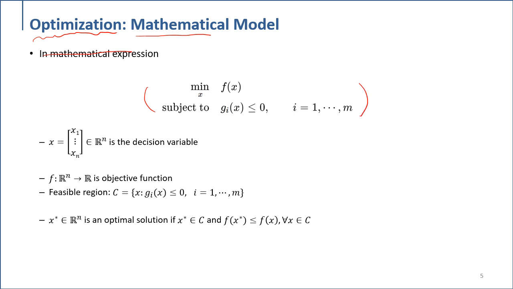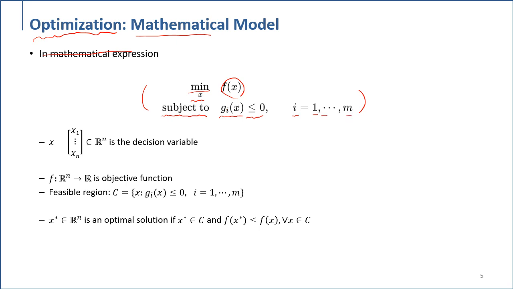I guess many of you have already encountered these formulas, which we can interpret as minimizing f(x) over x, subject to some constraints: g_i(x) smaller than or equal to 0, for i equal to 1 to m.